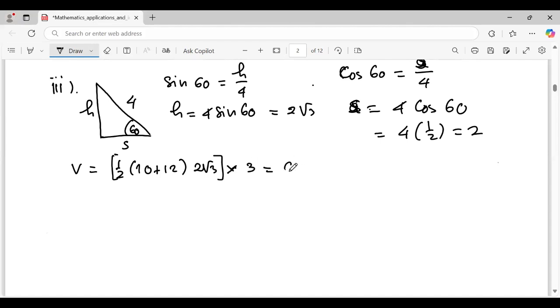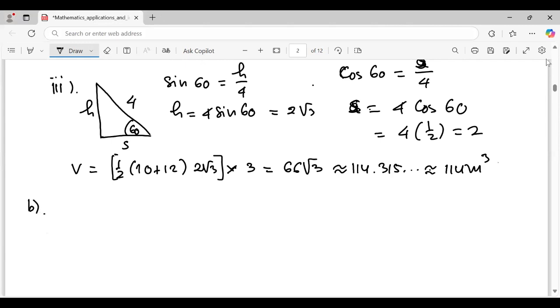If you calculate, the result is 66 square root 3. In decimal, 114.315, or round off, 114 meter cube.